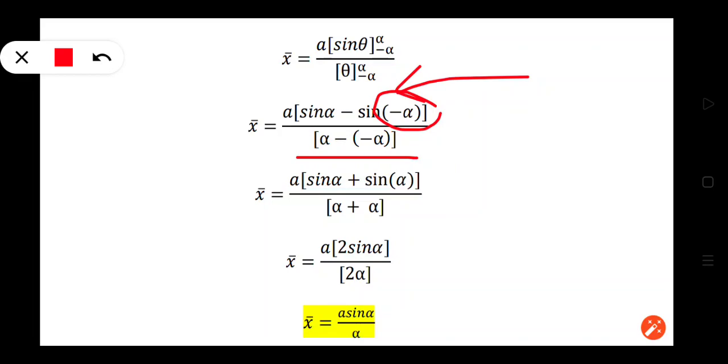So the negative sign will be positive, and sine negative alpha will be sine alpha. So the result will be a times 2 sine alpha over 2 alpha. Cancel 2. Then x bar equals a sine alpha over alpha. That's the value of x bar.